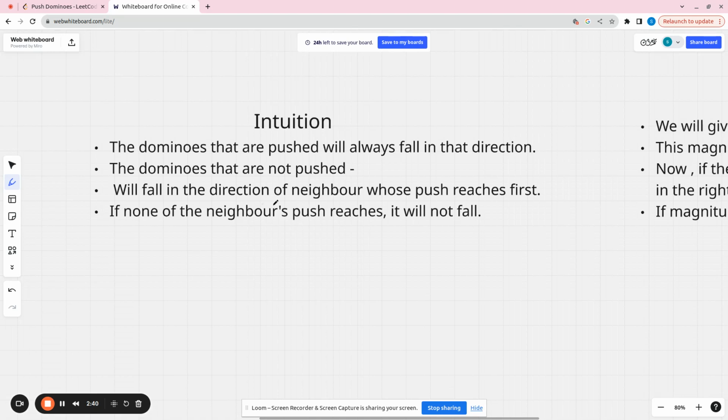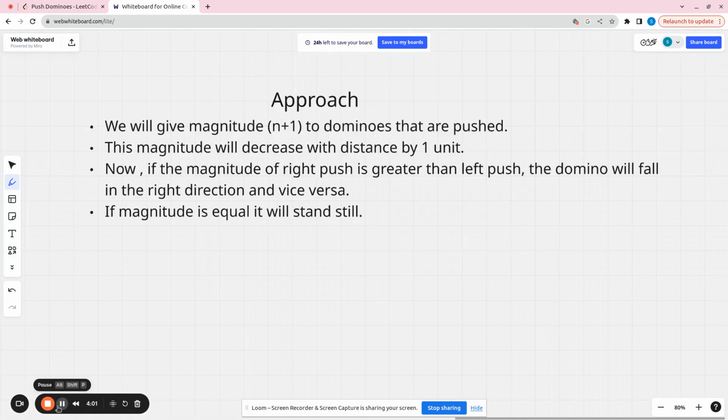They'll fall in the direction of the neighbor whose push reaches first, because push depends on time. The nearer neighbor's push will reach first, so it will always fall in the direction of the nearer neighbor's push. If none of the neighbors' push reaches, it will not fall.